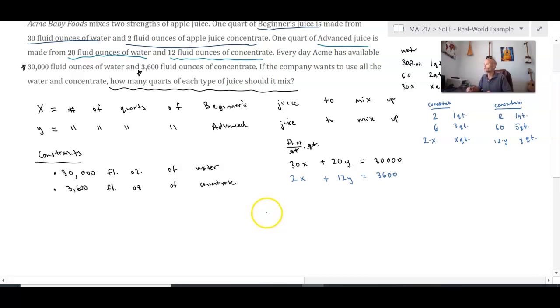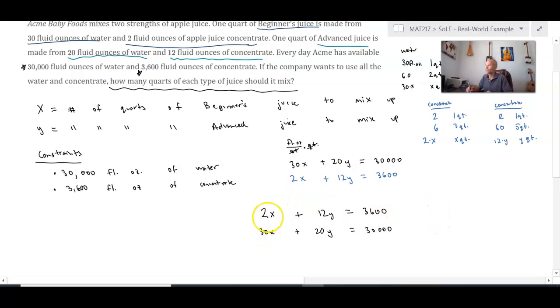So I'm going to write down 2x plus 12y equals 3600 first, and then I'll write down 30x plus 20y equals 30,000. And now I'm going to decide how I can eliminate one of the variables.